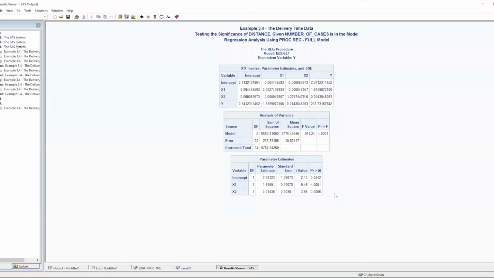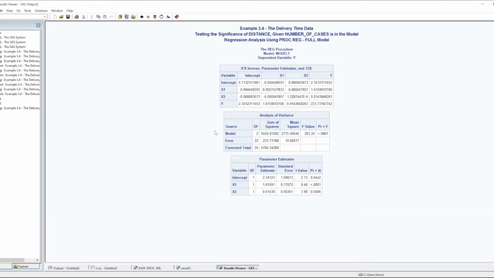We can see here that we have the parameter estimates table. In particular, we're going to need the parameter estimate for beta 2. Beta 2 hat, we can see in the parameter estimates table, is 0.01438, rounded to 5 decimal places.